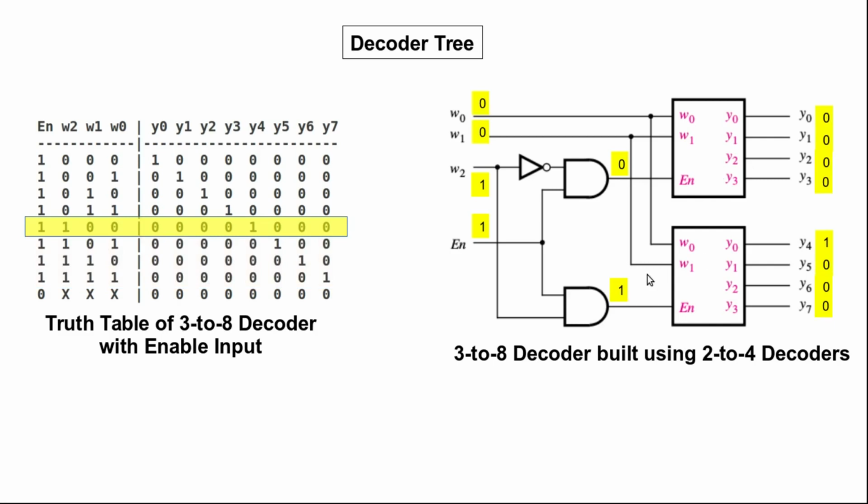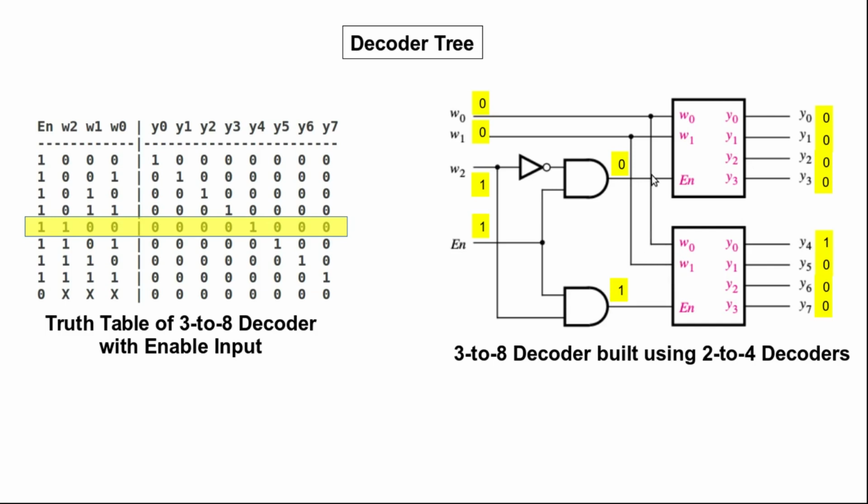However, since the output of the second AND gate is 1, and the enable input of the second 2 to 4 decoder is 1, the output of the second 2 to 4 decoder will depend on what the inputs W1 and W0 are.